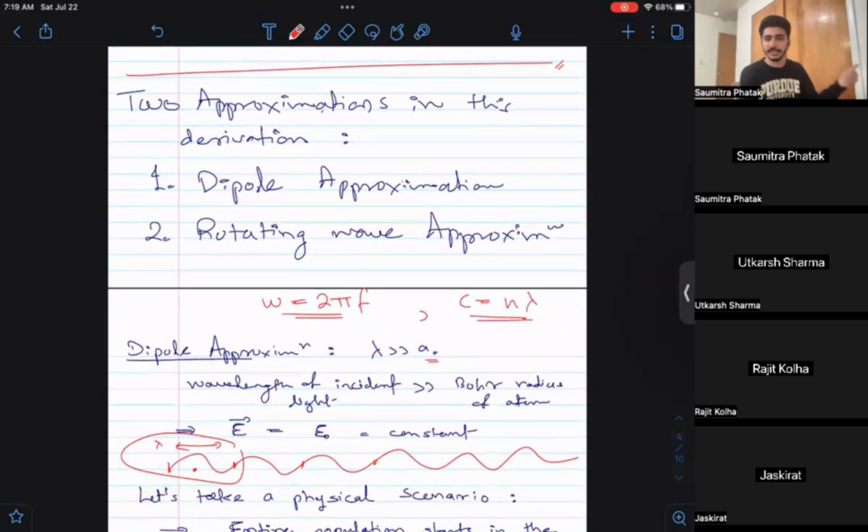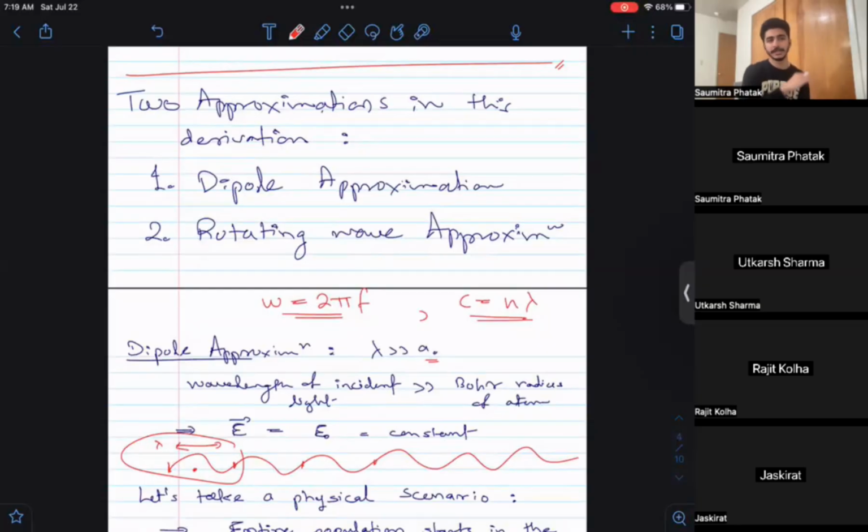So that is one approximation that we are making, that since the wavelength of the incident light is much, much greater than the atom's Bohr radius. And you can also compare this. Take a visible light laser and find the wavelength for it. The wavelength will be from 400 to 700 nanometers. So that will be lambda.